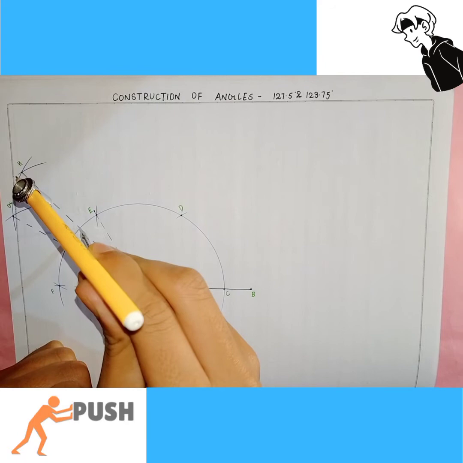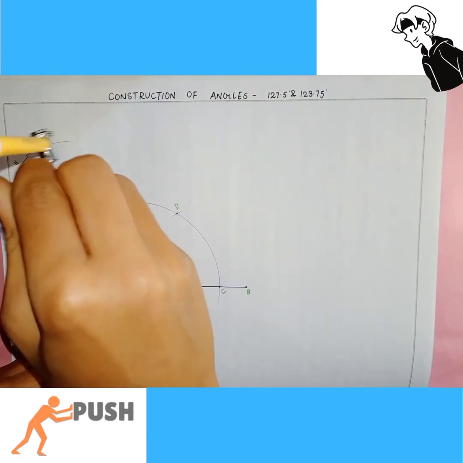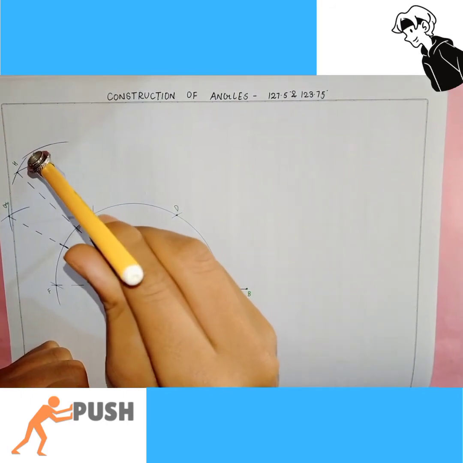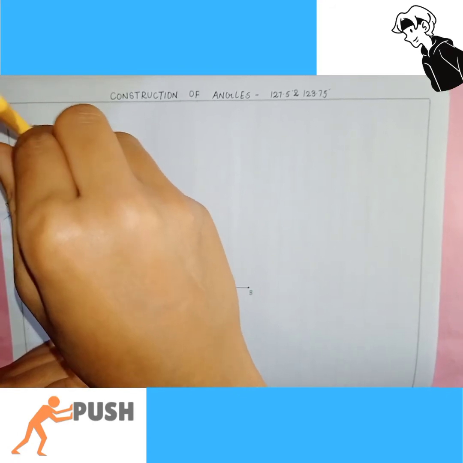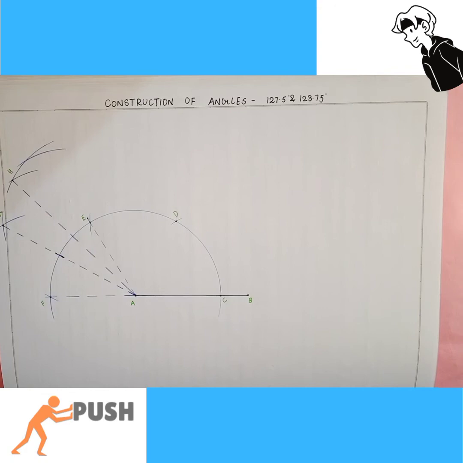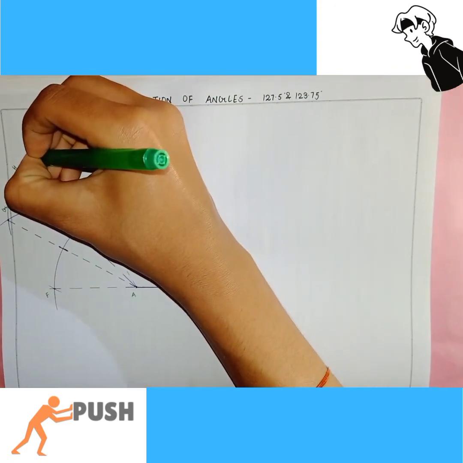Put the compass point here and cut another arc, and then on 120 degree intersect that previous arc. Make a dot at the intersection.